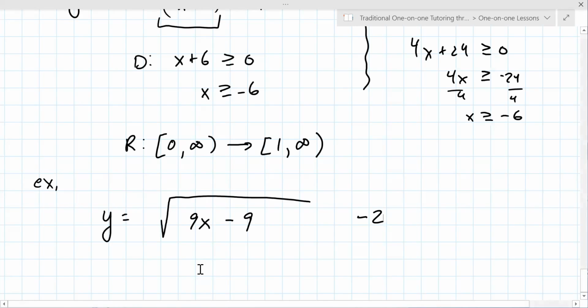So it would have a vertical stretch of 3. It would go right 3 and down 2.